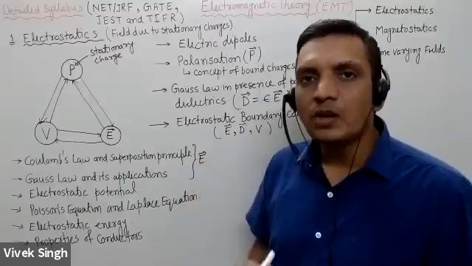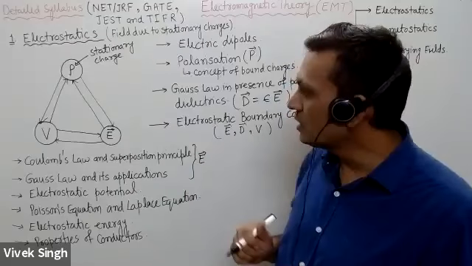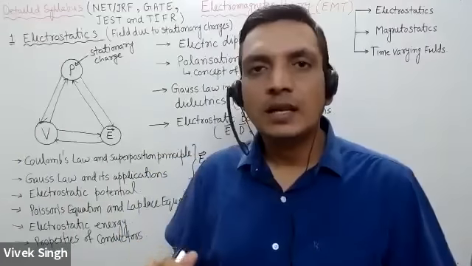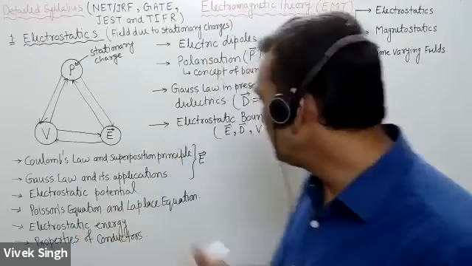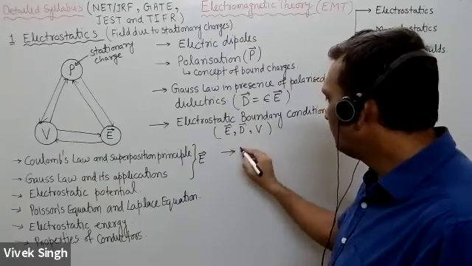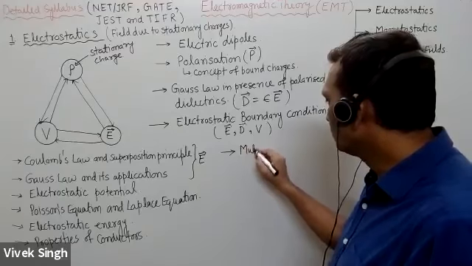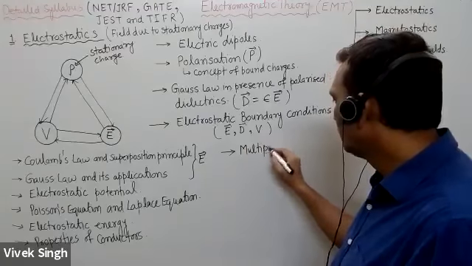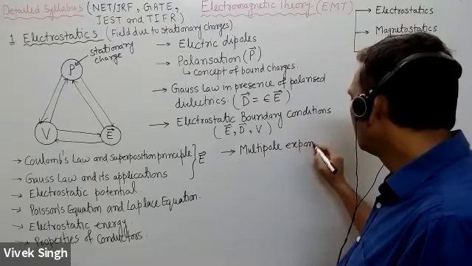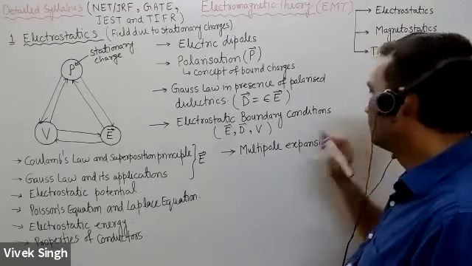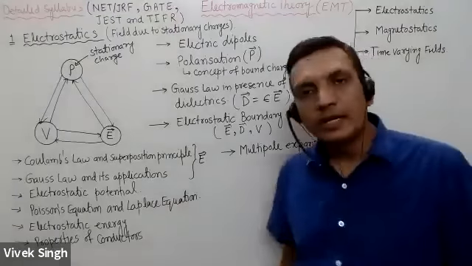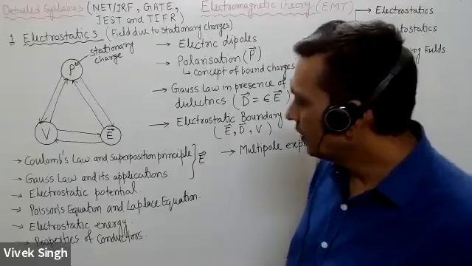Now, lastly, we have two separate topics in electrostatics. One is multipole expansion and another is the image problem. So that we will discuss separately. So next we have multipole expansion. What will you calculate in multipole expansion?